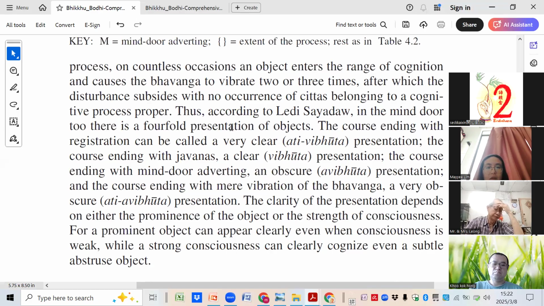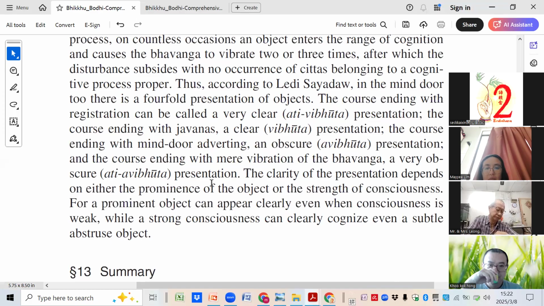Thus, according to Ledi Sayadaw, in the mind door too there is a fourfold presentation of objects. The course ending with registration can be called a very clear, ati-vibhuta presentation. The course ending with javanas, a clear, vibhuta presentation.